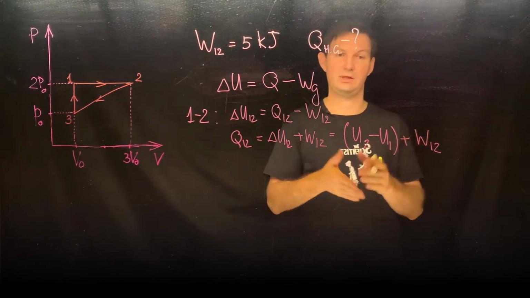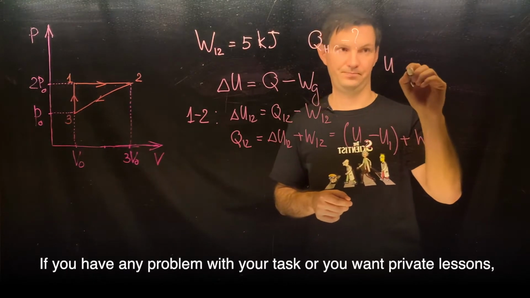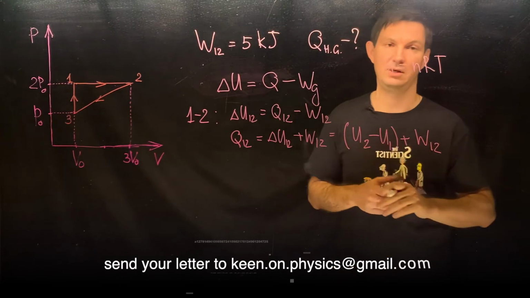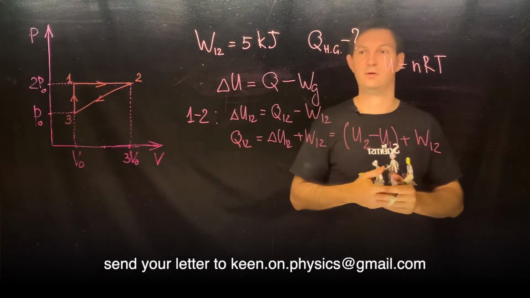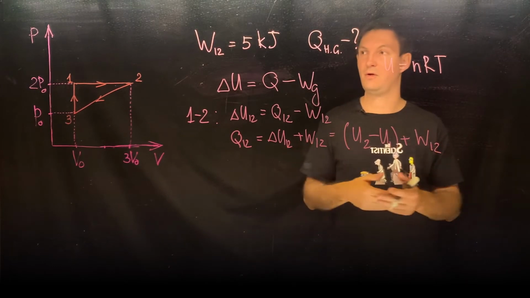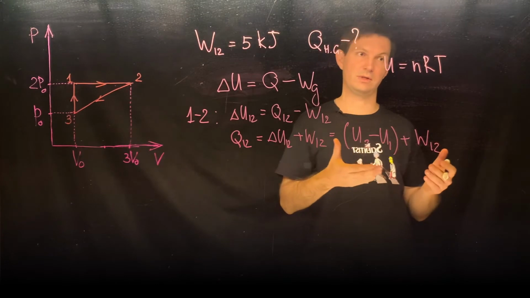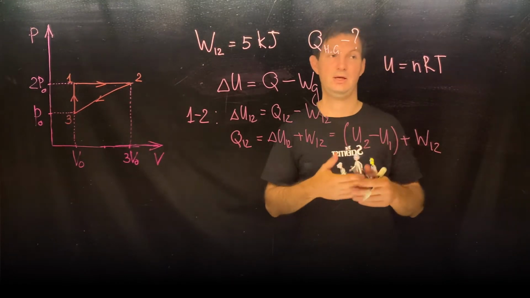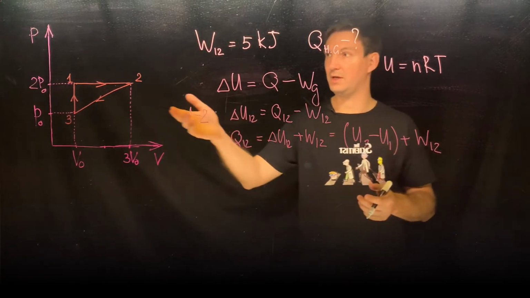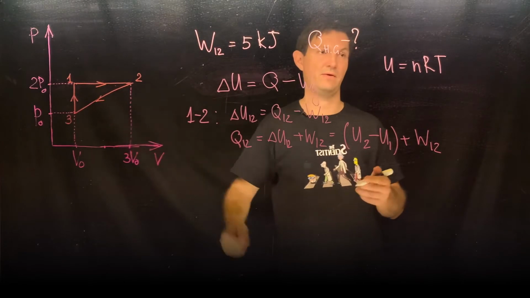So what is internal energy? Internal energy is N times R times T, where N denotes the quantity of gas or number of moles of a gas, R is the universal gas constant, and T is the temperature of a gas in any state, in state 1, state 2 or state 3.